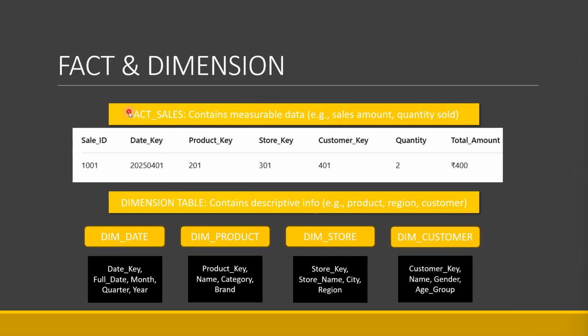Why we are maintaining these two tables separately is just to process the data, to get the data properly linked with the appropriate information, to get the aggregated or summarized information in the final data warehouse. So here let's consider the example fact sales table.